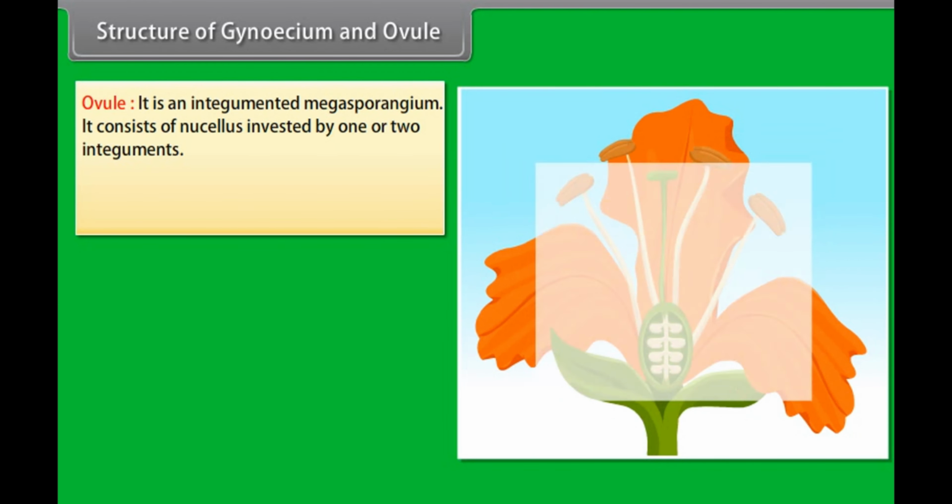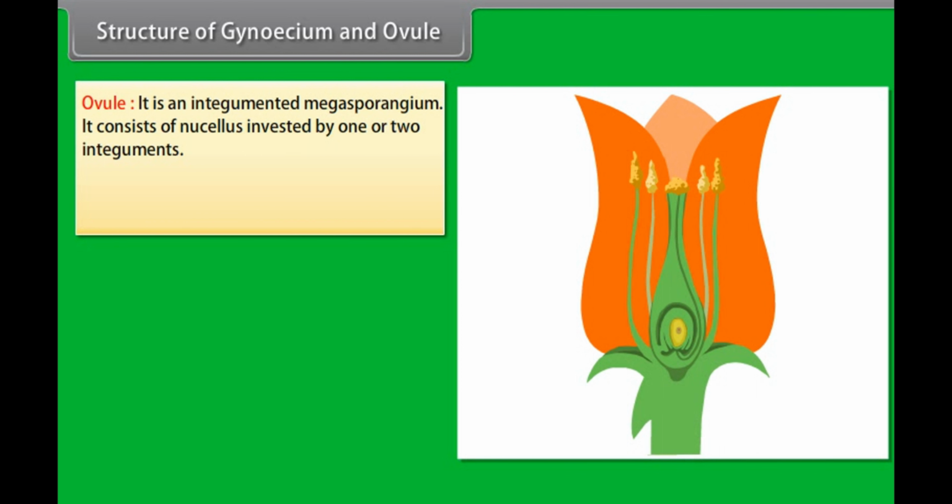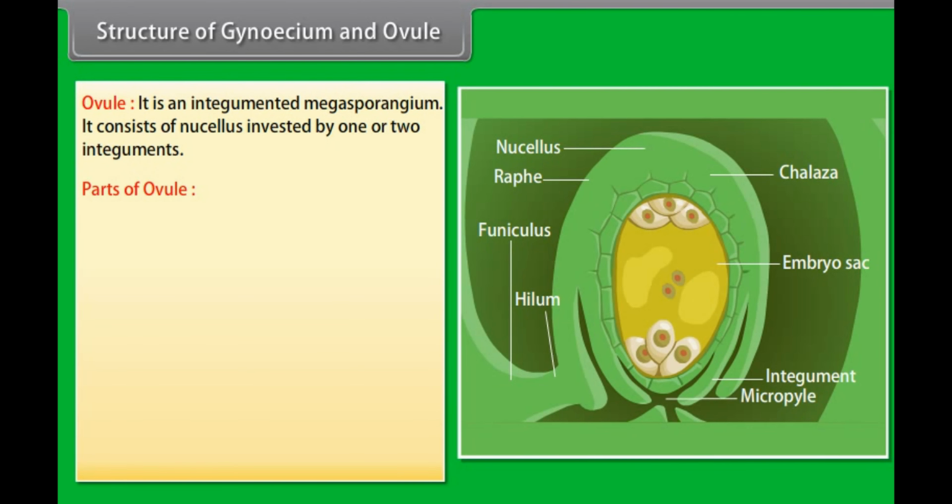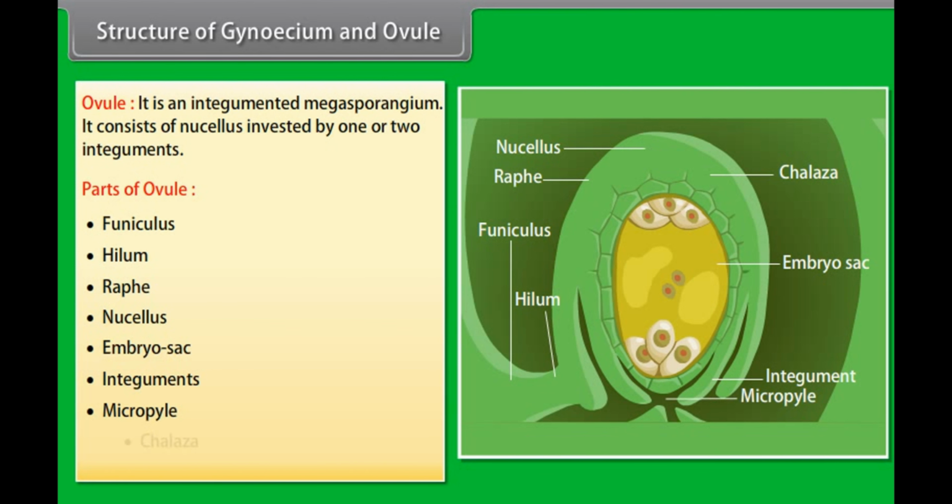Ovule: an ovule is an integumented megasporangium. It consists of a nucellus invested by one or two integuments. Parts of ovule: funiculus, hilum, raphe, nucellus, embryo sac, integuments, micropyle, chalaza.